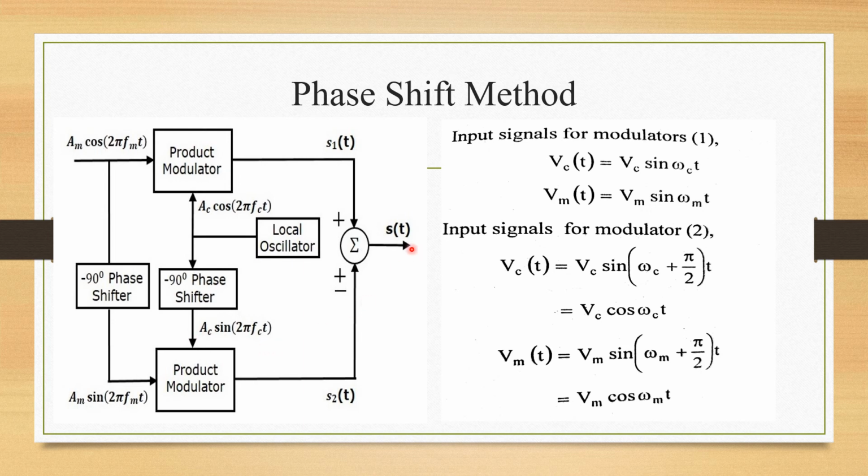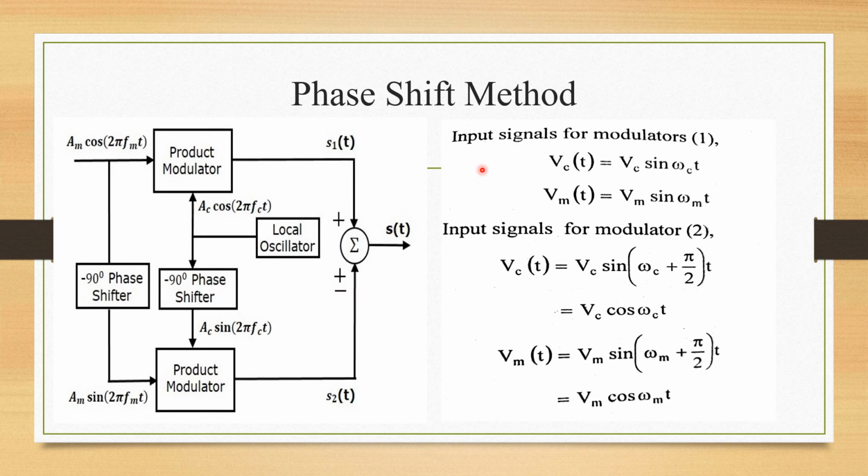This is what gets into the summing amplifier, which does the summation, and after that it is sent to the linear power amplifier and matching network, followed by the antenna. Through the antenna we are able to transmit our SSB signal.